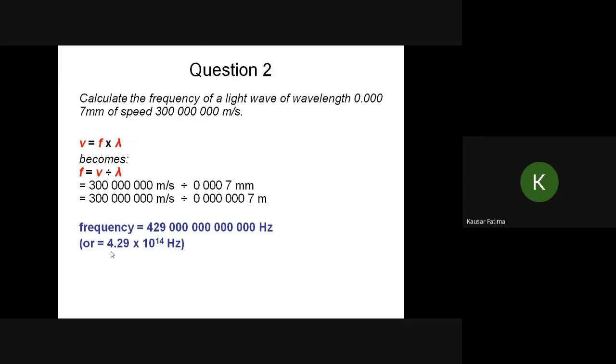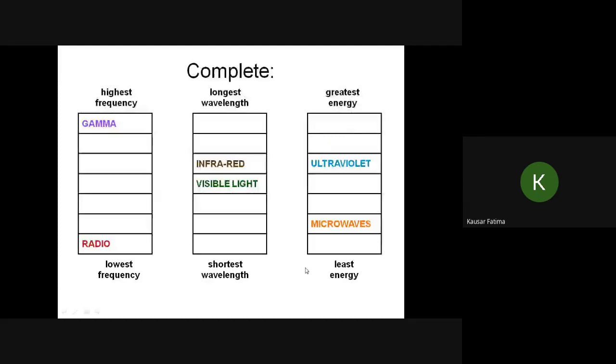These numbers will be different. 4.29 is an average frequency that is given. If we talk about a particular color like red and violet, the frequency will of course vary slightly. Red has the lowest frequency and violet has the greatest frequency.